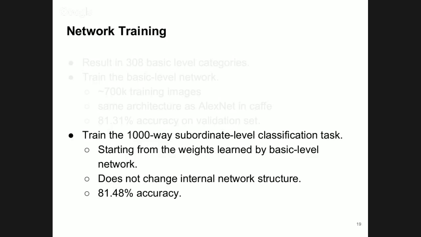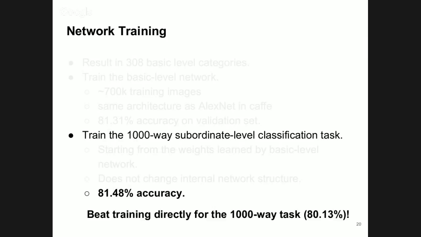I do not change any of the internal network structure. Finally, on the validation set of the ImageNet 1,000 way classification, I get 81.48 accuracy, compared to directly training the network from scratch using the 1,000 way classification, where the accuracy is 80.13 using Caffe. So this suggests that the basic level classification can actually help a little bit for the subordinate level classification.